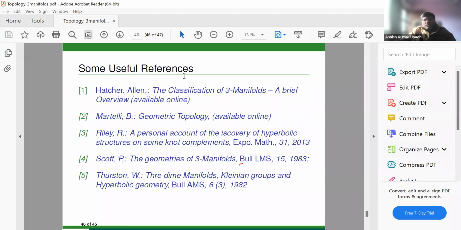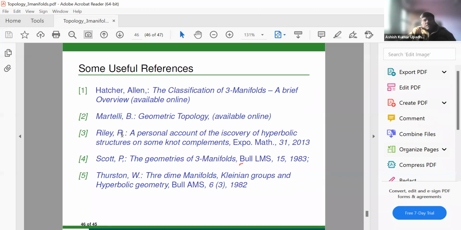So I talked about some useful references in the previous class. Here are some very important references. One is a note by Allen Hatcher, and there is a PDF book, Geometric Topology by Bruno Martelli.